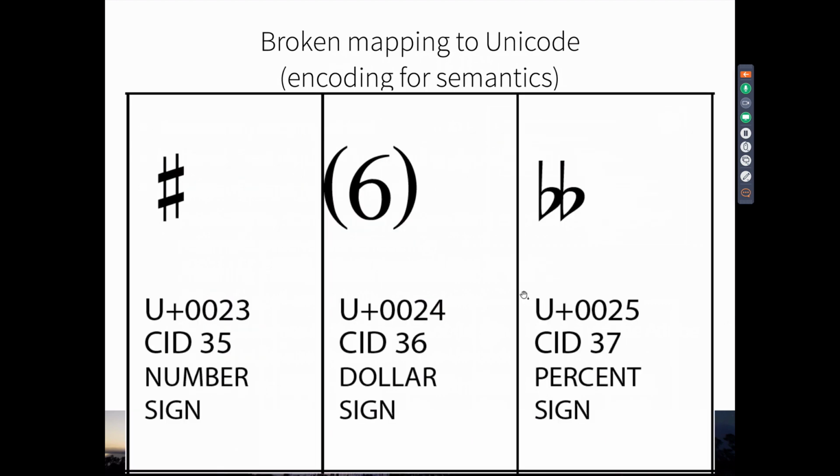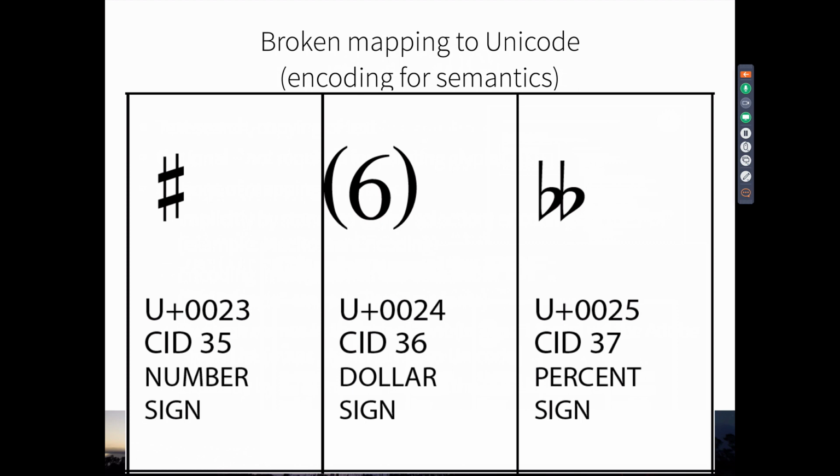And here is another screenshot from this font report, and here something went wrong. Same as with the glyph lookup, something can go wrong here, and the engine here found a number sign, which makes sense, but this doesn't seem to be a dollar sign, and neither does this seem to be a percent sign.